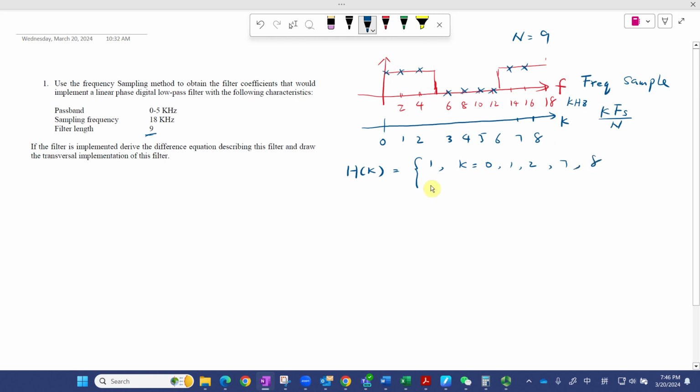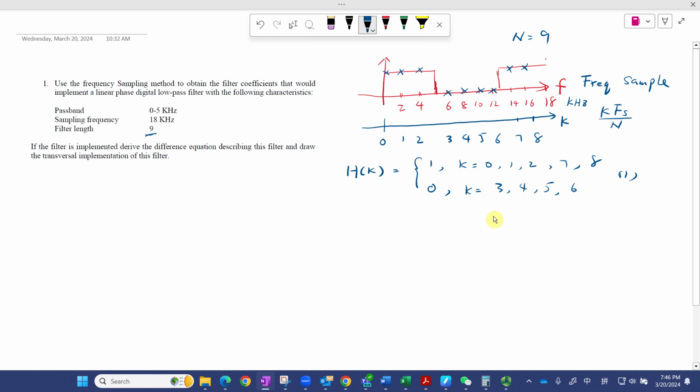For the others, k equals 3, 4, 5, 6, H[k] is 0. Okay, so that's the capital H[k] in the frequency domain. We're gonna call that equation number 1.